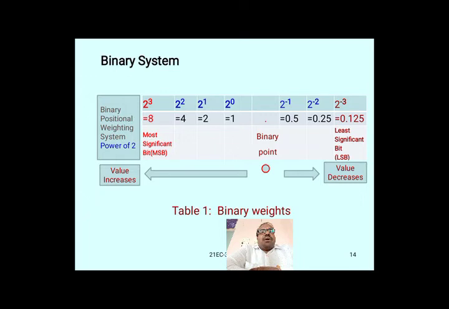Before the binary point, value is increasing. After the binary point, value is decreasing. The value-increasing end is nothing but the most significant bit. The value-decreasing end is nothing but the least significant bit. Most significant bit and least significant bit, MSB and LSB. In decimal, the most significant digit is there.